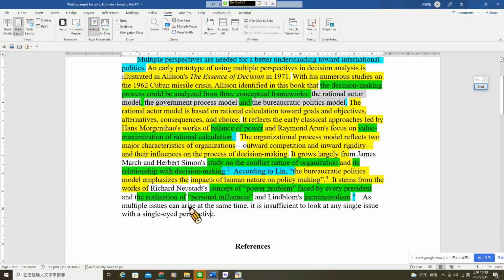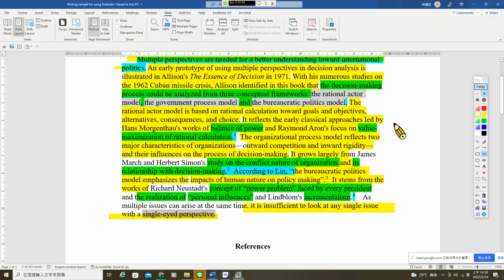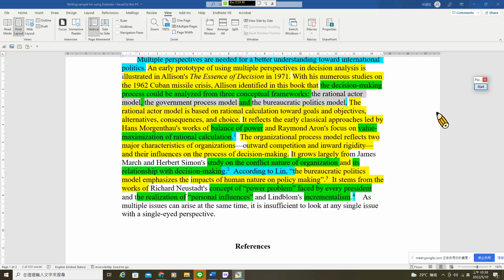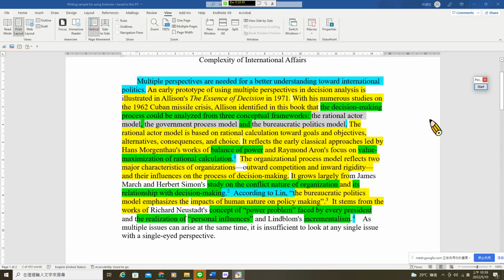As multiple issues can arise at the same time, it is insufficient to look at any single issue with a single-eyed perspective. So look here, this corresponds to the topic sentence here. Is that right? As a conclusion. So here is a very simple structure. And remember one thing.